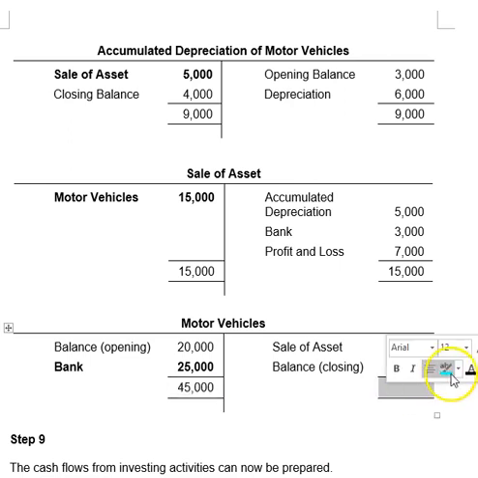I repeat again: opening balance 20,000, I sell off 15,000, so 20 minus 15 is supposed to be 5,000, but at the end of the day I get 30,000. That means I spent 25,000 to buy new motor vehicles: credit bank 25,000, debit motor vehicles 25,000.